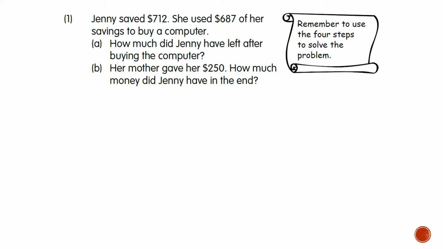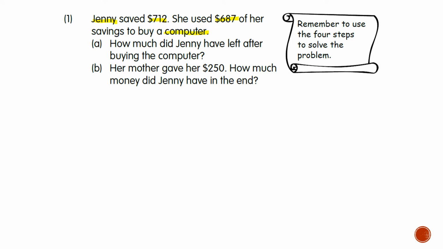Now, first step is to understand the problem. So let's look at this. Jenny saved $712. So there's this person called Jenny. She saved $712. Okay, she used $687 of her savings to buy a computer.